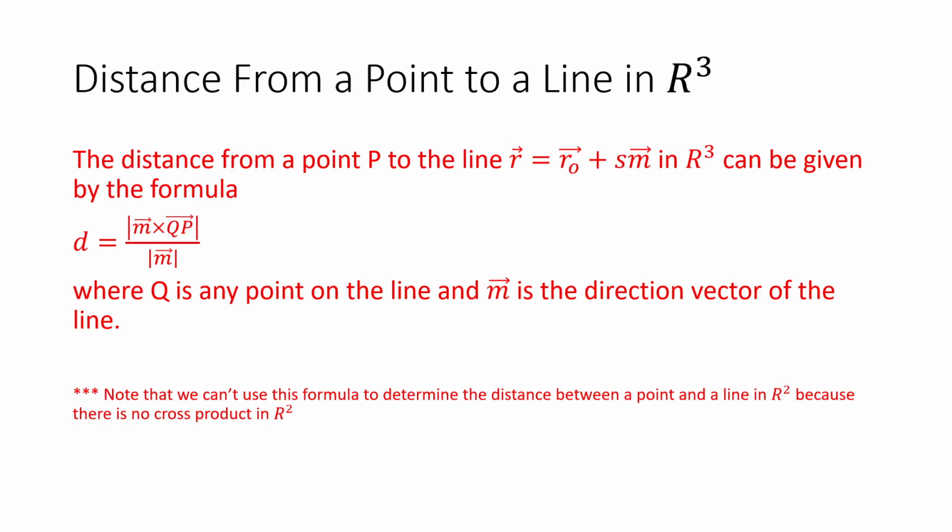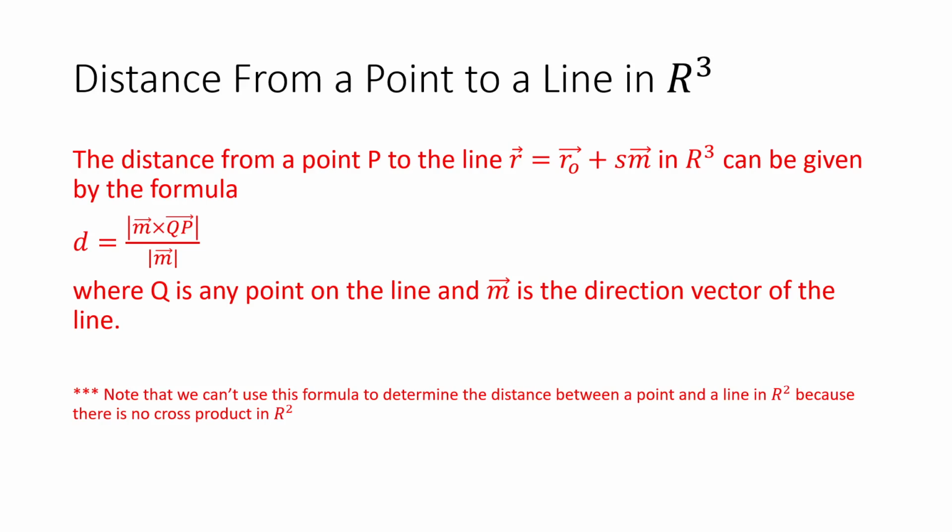Now, we also have a formula for the distance from a point to a line in R3. The distance from a point P to the line r equals r naught plus s m in R3 is given by the formula d equals the magnitude of the vector m cross QP divided by the magnitude of the vector m, where Q is any point on the line, m is the direction vector of the line, and P is the point that we're trying to find the distance of to the line.